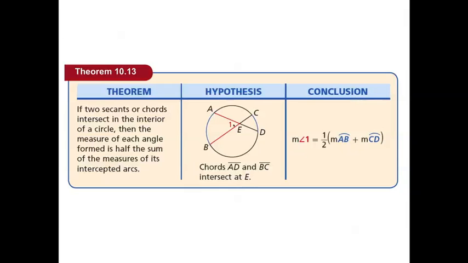Because I know that angle 1 has to be the same as this angle over here, because they're vertical angles. So angle 1 intercepts arc AB, and this vertical angle with angle 1 intercepts arc CD. Basically, angle 1 is going to be the average of those two arcs. So add those two arcs together, divide by 2, and that's going to be the measure of your angle.